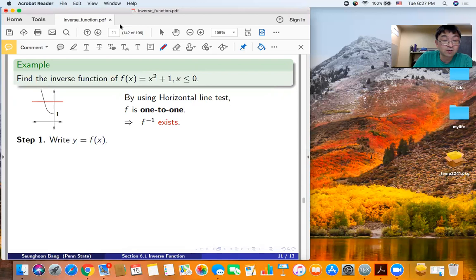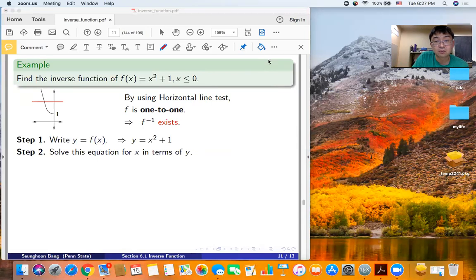What's the first method? Write y equals f of x, so we have y equals x squared plus 1. Step 2, solve this equation for x in terms of y. You have to subtract 1 from both sides.